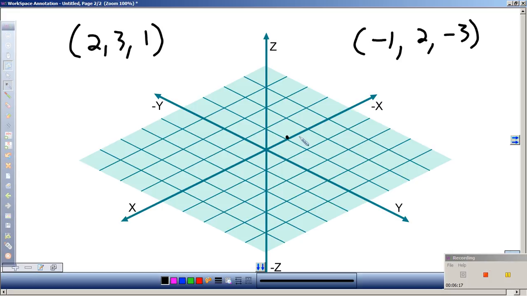Because trying to make it 3D can be a challenge. So now we're going down 3. 1, 2, 3. Because if I just made this point right here, is it clear that that's this point? Probably not. So the goal would be to give some sort of orientation to indicate this is a 3-dimensional point.